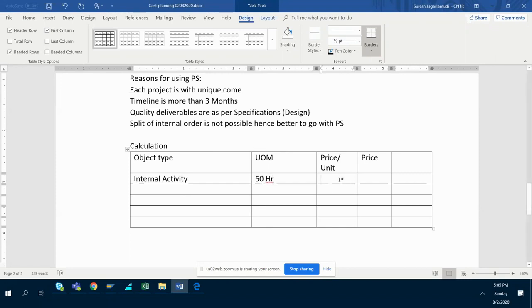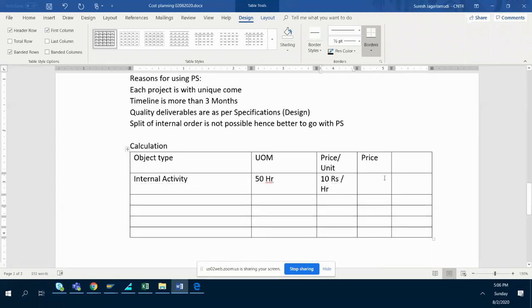What is the price per unit? Suppose it is going to be $10 per hour or 10 rupees per hour, whatever you name it. Total price equals this multiplied by this, 50 into 10, 500. So this is what you get as total.